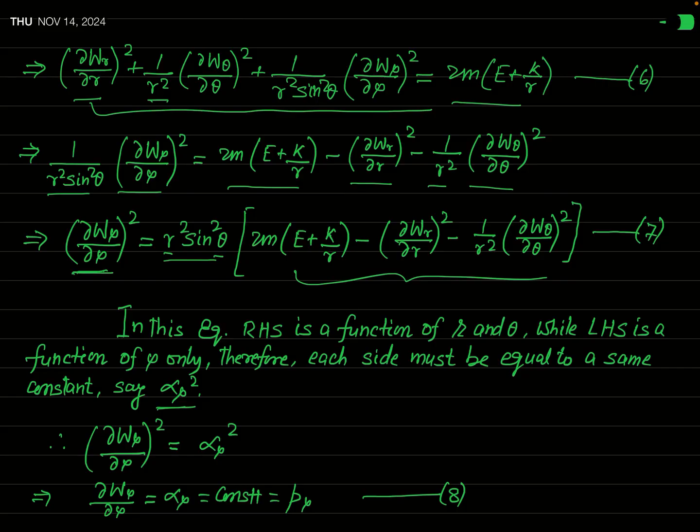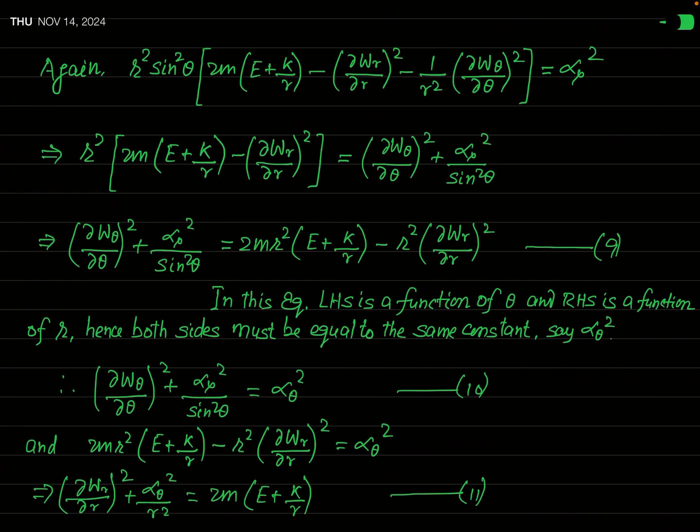So you can say that (del W phi by del phi) squared will be equal to alpha phi squared, and therefore del W by del phi will be equal to alpha phi, which is actually constant, and you know this alpha phi is actually equal to p phi, as you have seen. And again, the other side, that is the RHS of this equation, will also be equal to alpha phi squared.